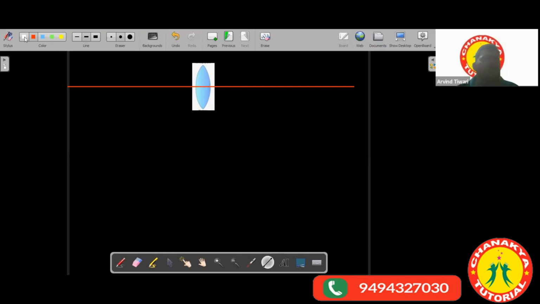You can draw the vertical line here with the help of dots. You can take this to be a dotted line, or you can also draw it to be a complete line. But it looks good if you draw a dotted line from here. To obtain the optic center, if you use a dotted line, you can draw it like this. So in this way, now you obtain your optic center.